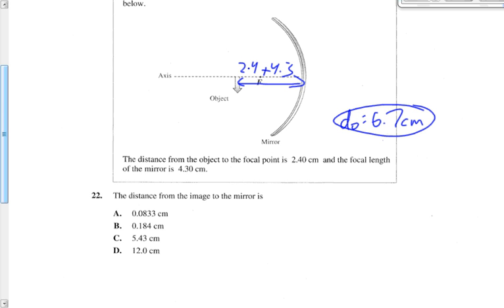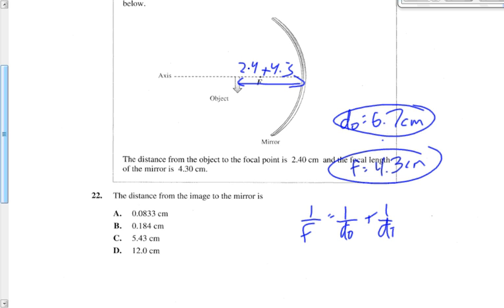We've got DO. We've got the focal length is 4.3 centimeters. Pretty easy question now, right? 1 over F is equal to 1 over DO plus 1 over DI. 1 over 4.3 equals 1 over 6.7 plus 1 over DI. So pay attention to little things like that.